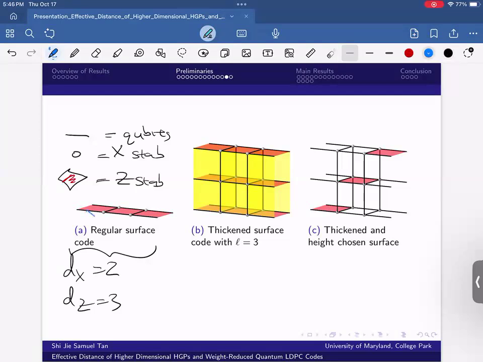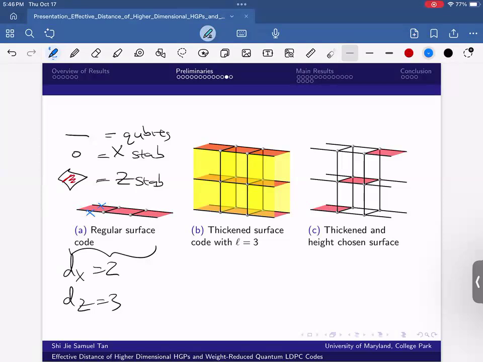Let's say you have 1 X error here and 1 X error here. This is a logical operator because it commutes with the Z stabilizer generator, which means it doesn't throw off any syndrome. At the same time, you can't generate this X logical error from the gray balls, because the coboundaries of individual gray balls can't generate those things.